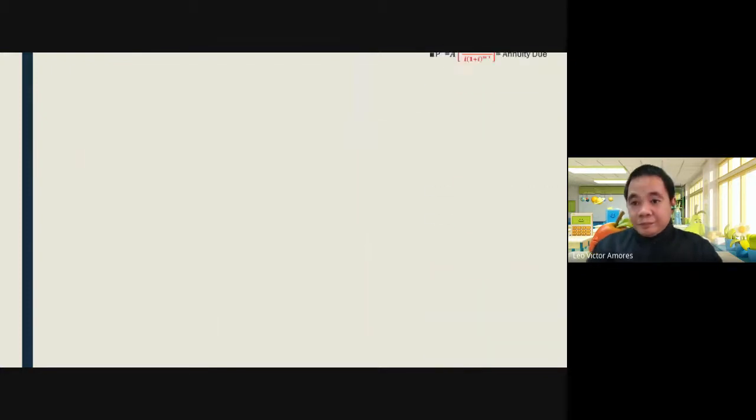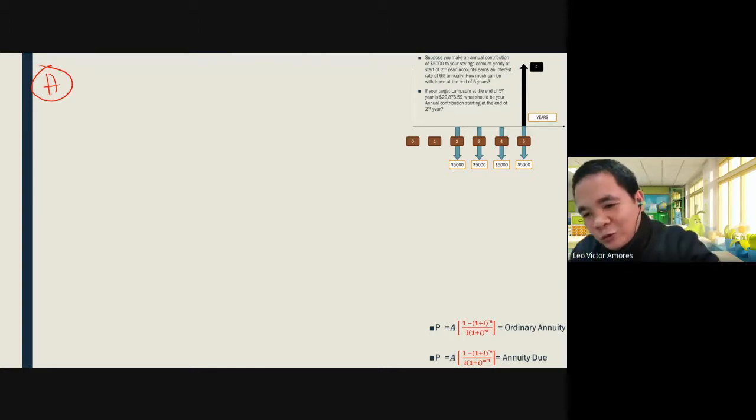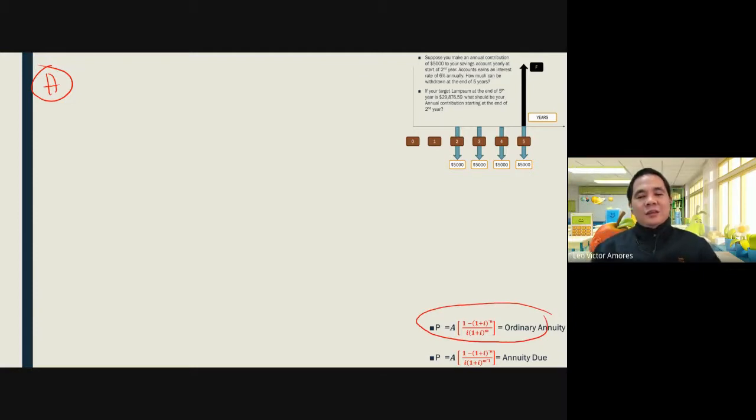Next, let's solve for letter A. Suppose you make an annual contribution of 5,000. If you analyze it, we will solve it using the ordinary annuity. Okay?